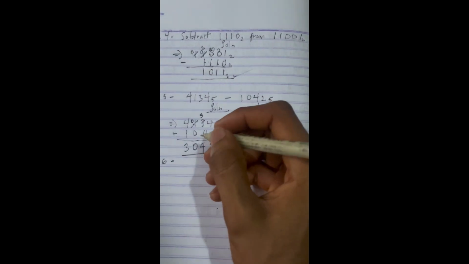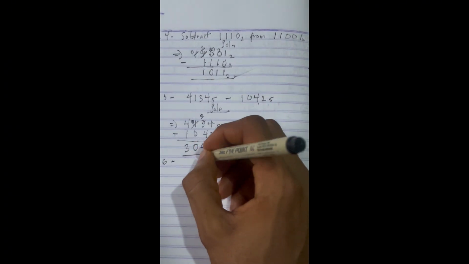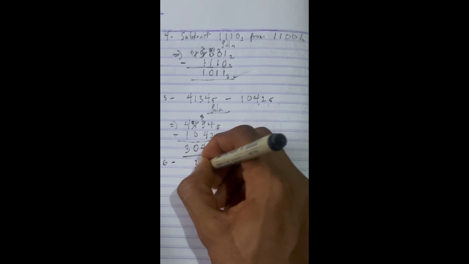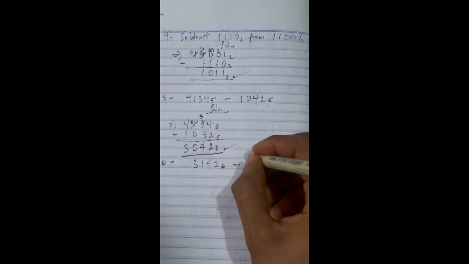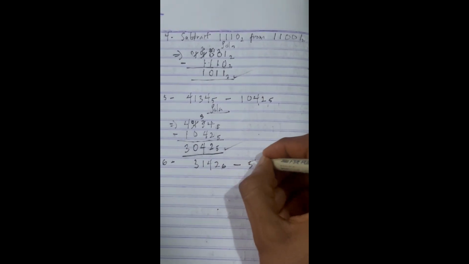So let's look at another example. So we have 3, 1, 4, 2 base 6 minus 5, 0, 7.